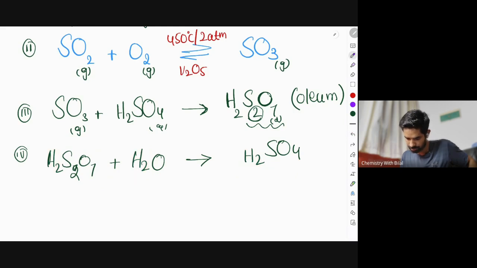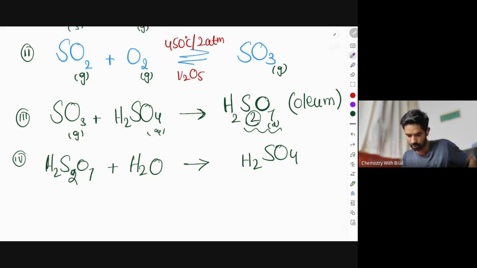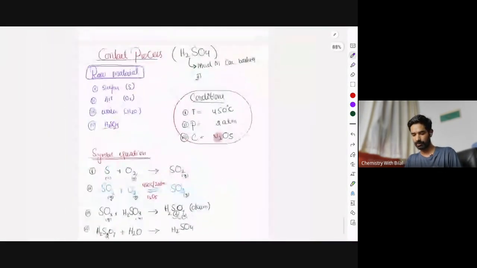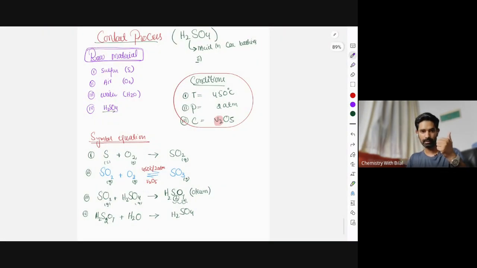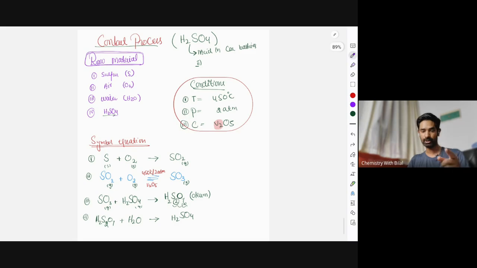and just revise everything in contact process, especially the symbol equation. I mean the entire contact process in 1 minute, starting with the formula, the use. इसको उसमें भी यूज करते हैं ना यार, फायरवर्क्स में भी. फायरवर्क्स में अमोनिया को यूज करते हैं. आई डोंट नो, मैं स्लिप कर गया. ओके, सो रॉ मटेरियल आपको पता होना चाहिए, कंडीशंस एंड सिंबल इक्वेशन, एवरीवन इन जस्ट 1 मिनट. शाबाश. एंड आई होप आप सबने नोट भी किया है.